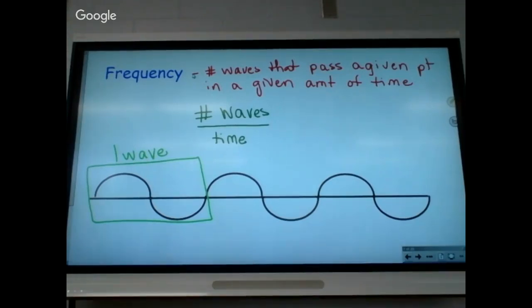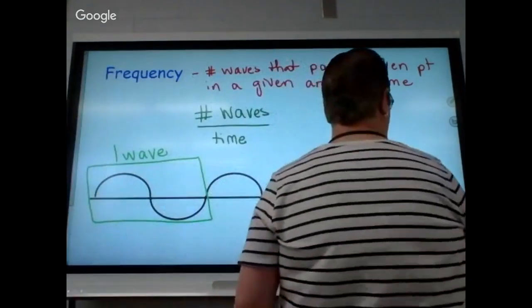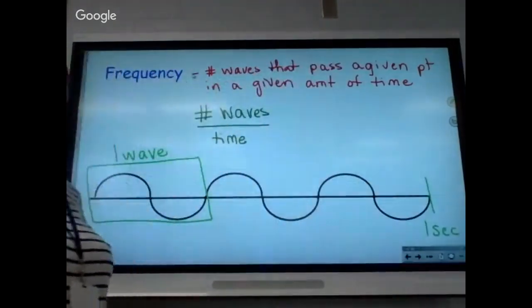So when we want to count our waves, you have to make sure that you have the same number of crests as troughs. Otherwise, you have half numbers of waves. Wait, how was that a wave? Because it's a crest and a trough. That's one wave. Okay? So I'm going to make life easy on us. I'm going to say we have 1 second for our time, because I'm lazy.